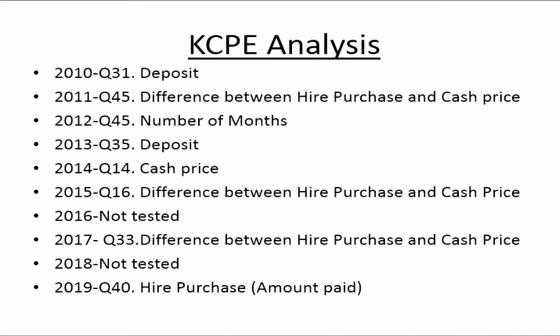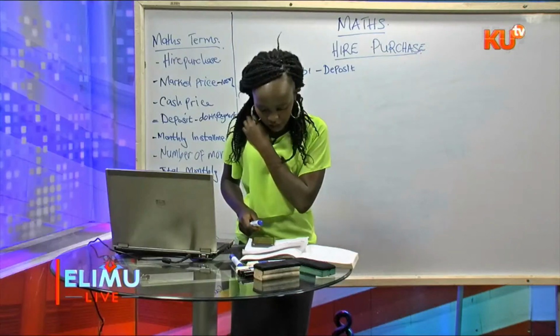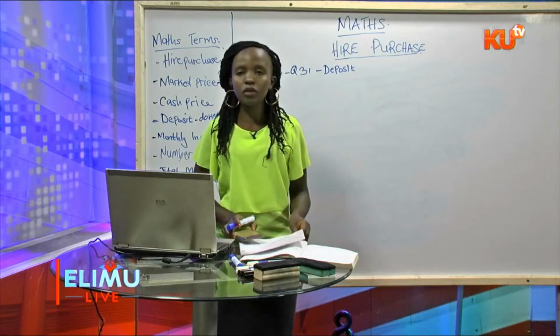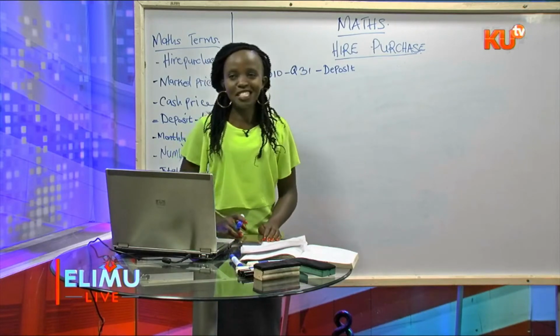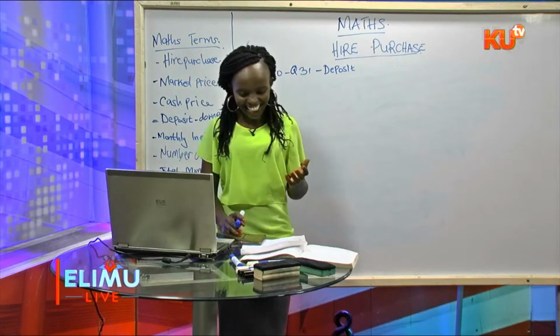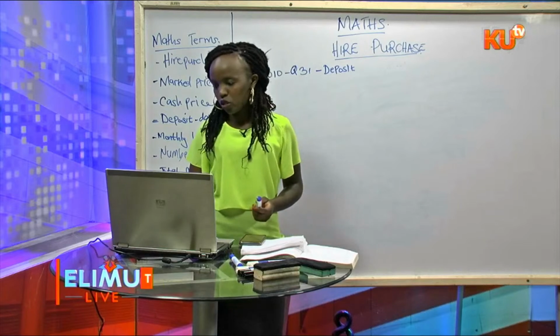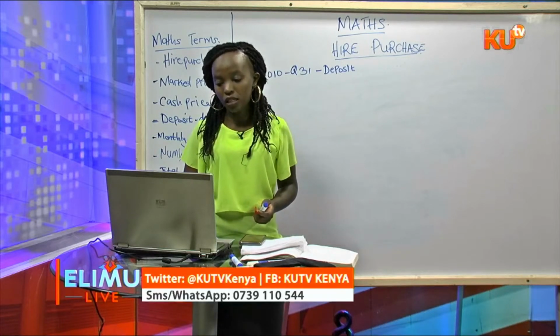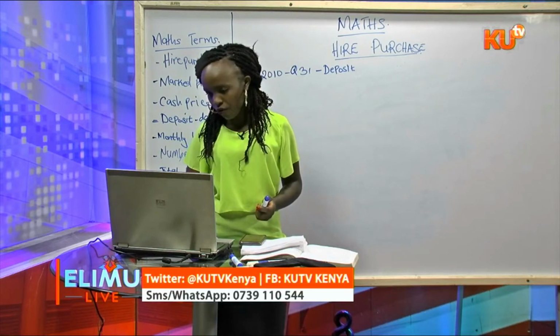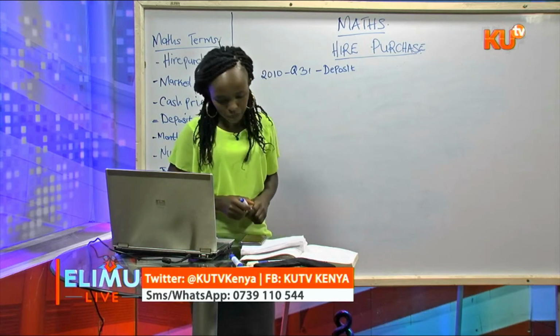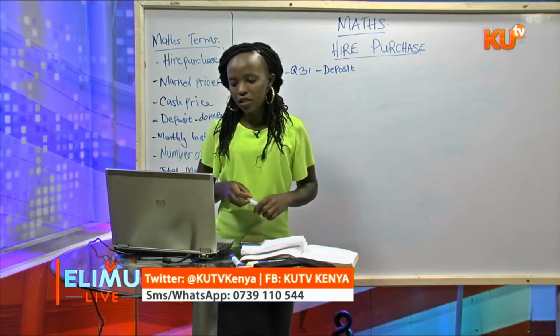And then lastly, last year, in question 40, they asked about the hire purchase, whereby they were asking about the amount paid. And in that question, one was supposed to get the hire purchase. So in 2020, we are predicting that we'll still get a question on hire purchase, in which, because we're going to be ready, we'll be able to calculate, and it will just be a walkover when you come to that question. So let us now look at some examples.